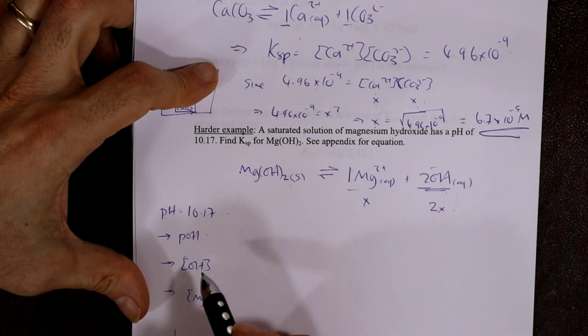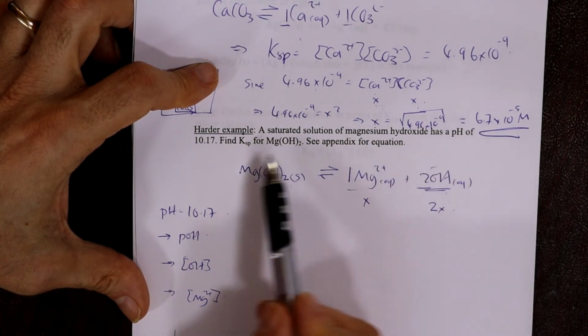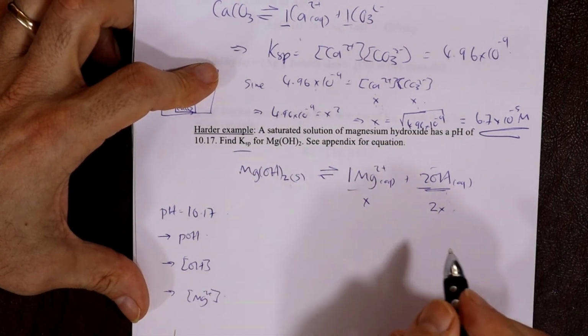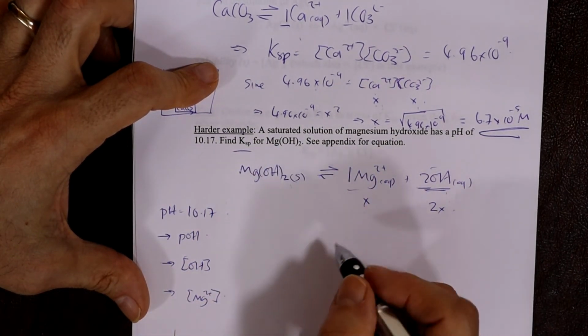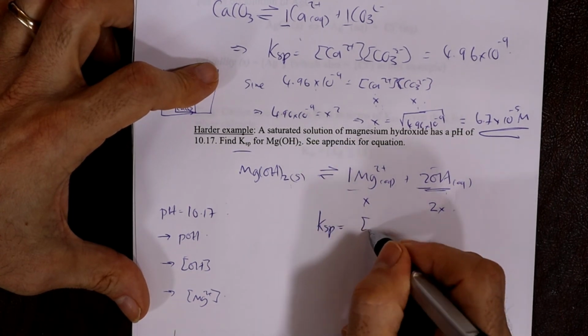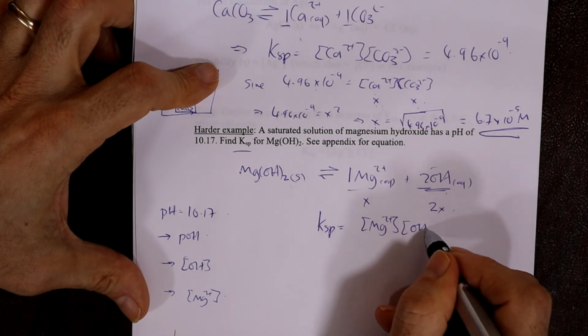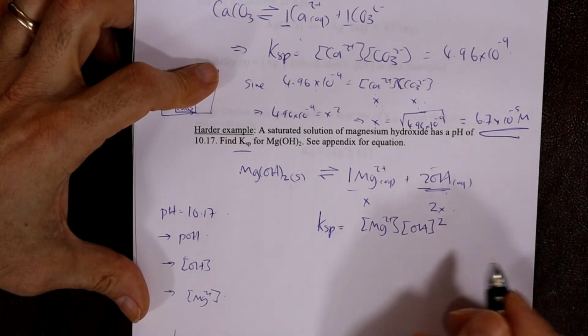Okay, so a saturated solution of magnesium hydroxide has a pH of this. Find Ksp. Ksp is going to be what? Be careful. Ksp equals magnesium times hydroxide squared.